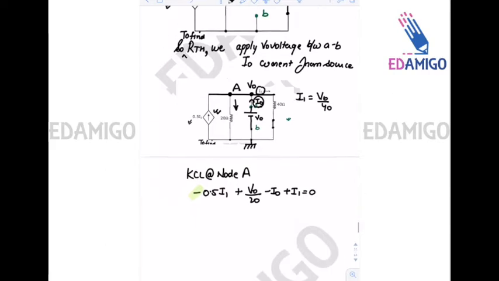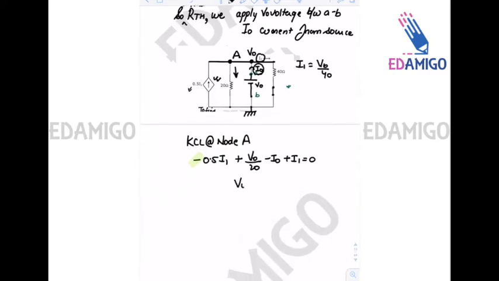So from here I can see that V0 by 20 plus 0.5 I1 is equal to I0, and we know the value of I1, so it is V0 by 20 plus V0 by 80 is equal to I0.